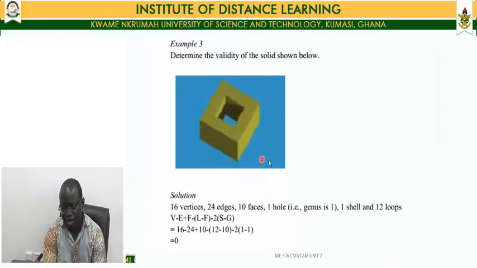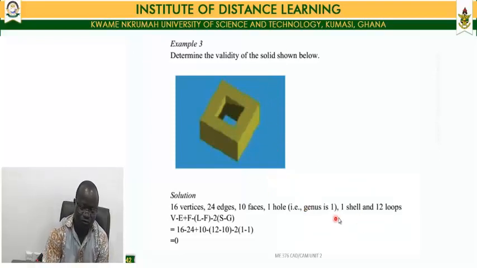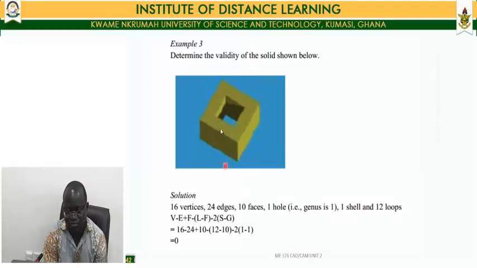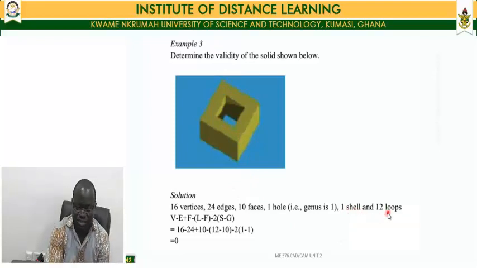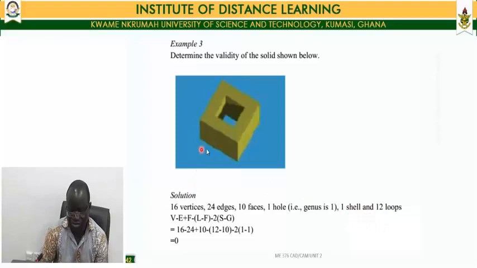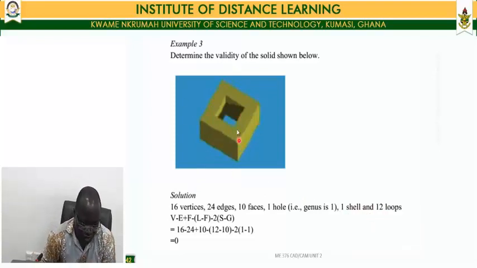So the shell is still 1. And the number of loops remain 12 because you have 6 and then 6 in the inner cube. When we do the Euler-Poincare equation, we still get 0, meaning this is a valid solid, which is true. Now, we move on to look at this representation, example 4.